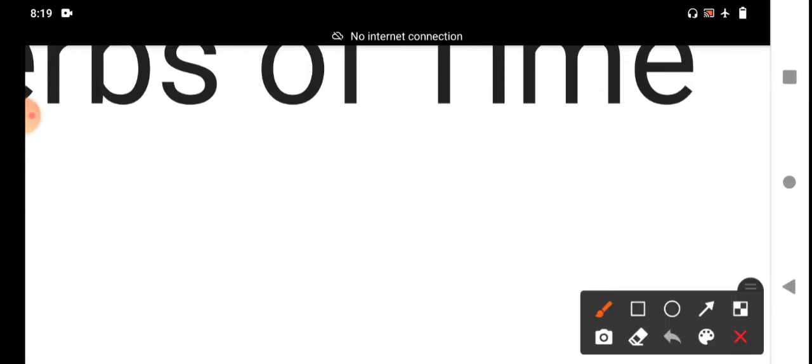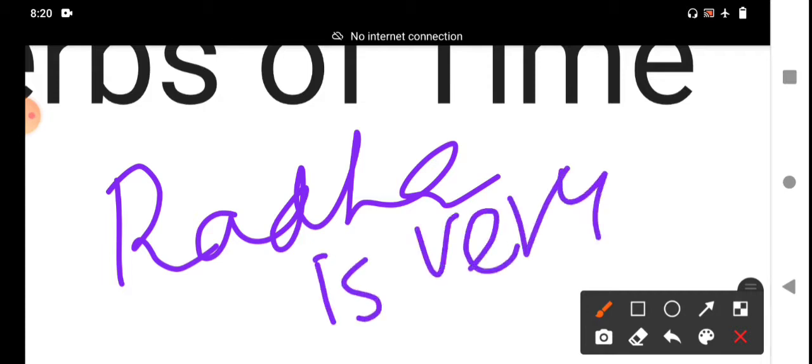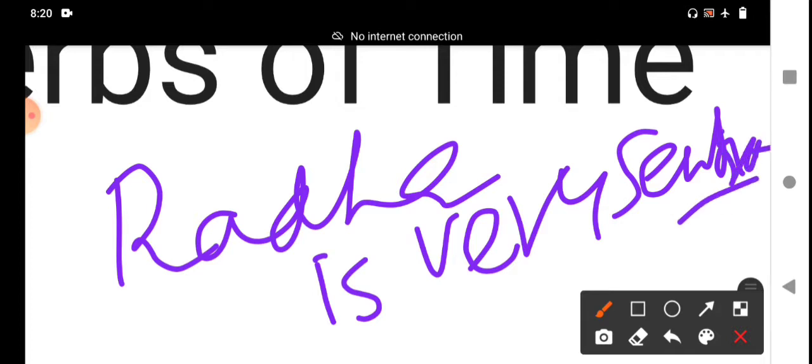And then, according to the definition, it modifies an adjective also. Radha is very sensitive. Sensitive is an adjective; very is an adverb that comes before it.